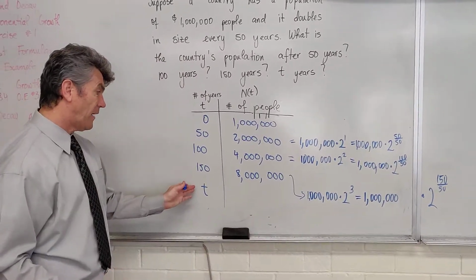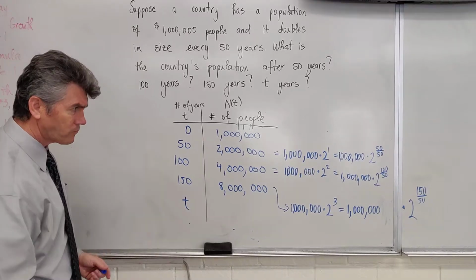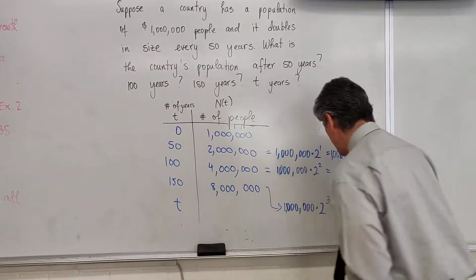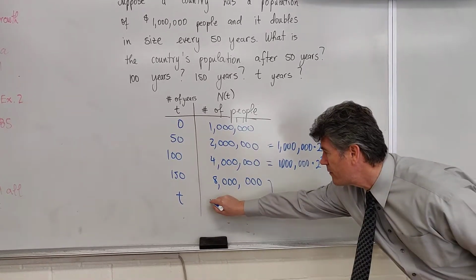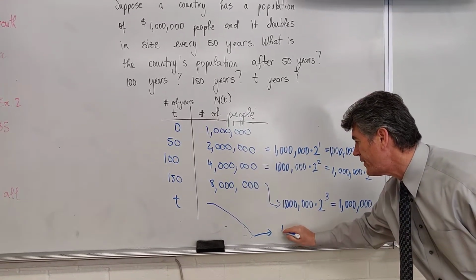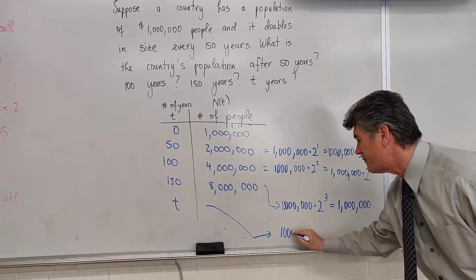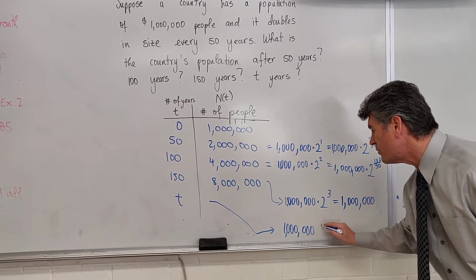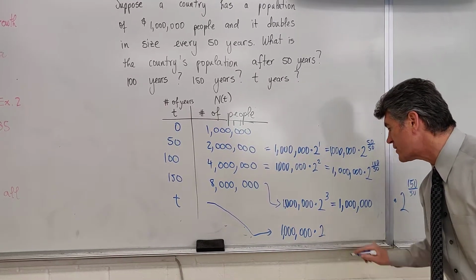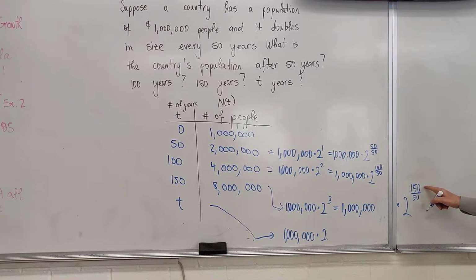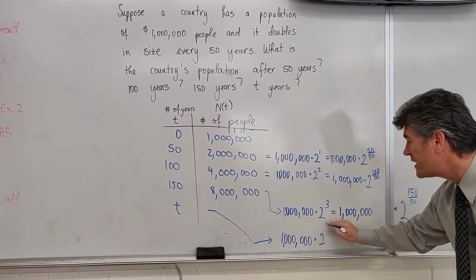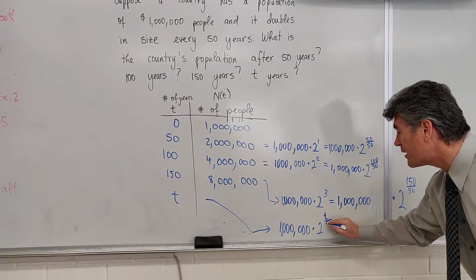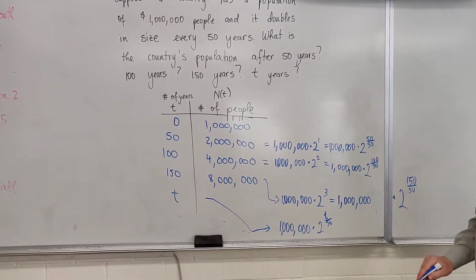What is the population after t years? So following that pattern, the population after t years should be 1 million, which is our initial population, times 2, because it doubles, times, we notice the number of years goes in the numerator, and the doubling time goes in the denominator.